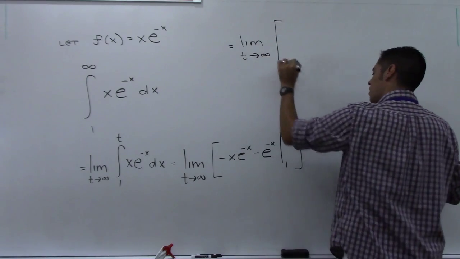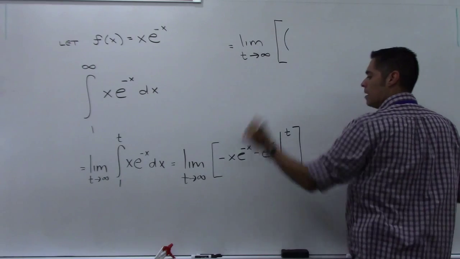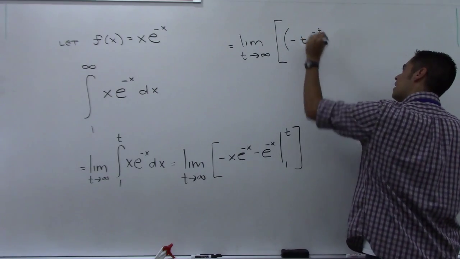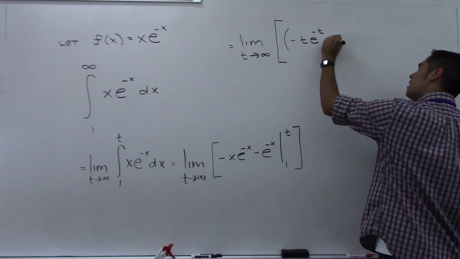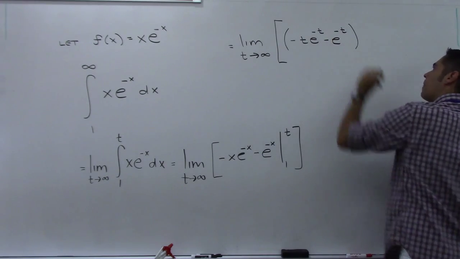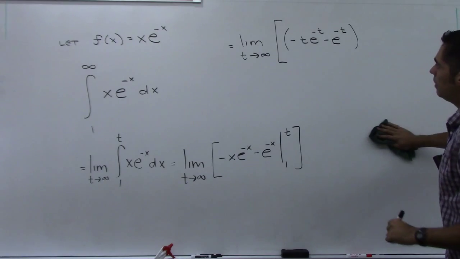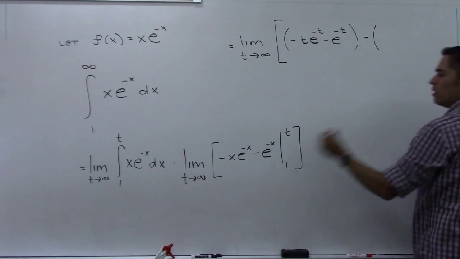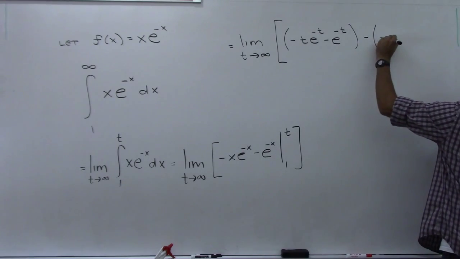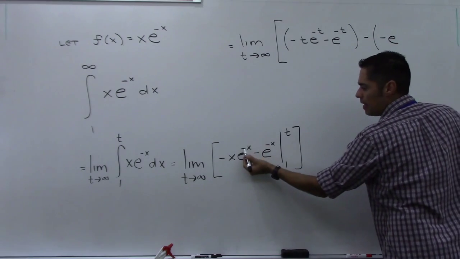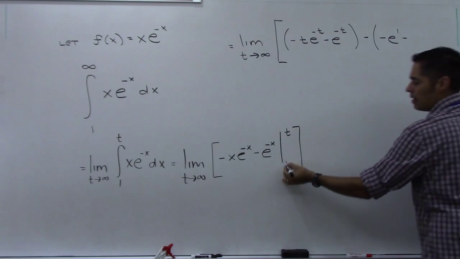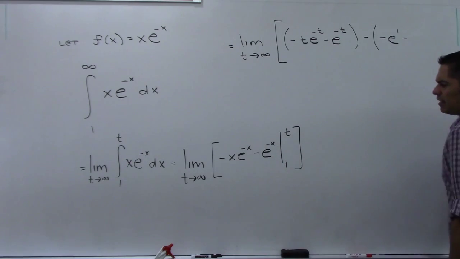All right. So if we plug in t, we get negative t e to the negative t minus e to the negative t. If we plug in 1, we get, so minus, negative 1 times e to the negative 1, so negative e to the negative 1, minus e to the negative 1 again.